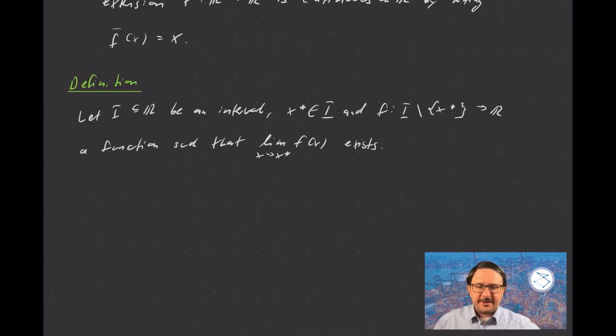And the existence of that limit basically means there is no good reason for f not to be defined at x star. And thus we can extend that.